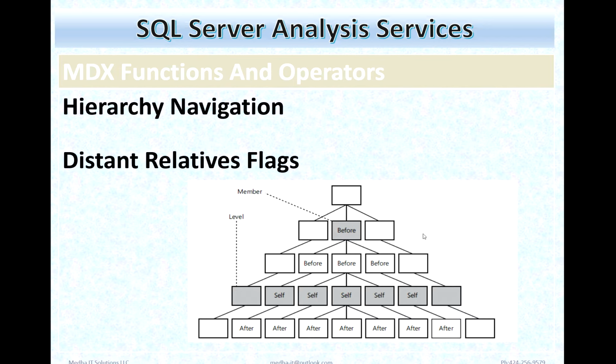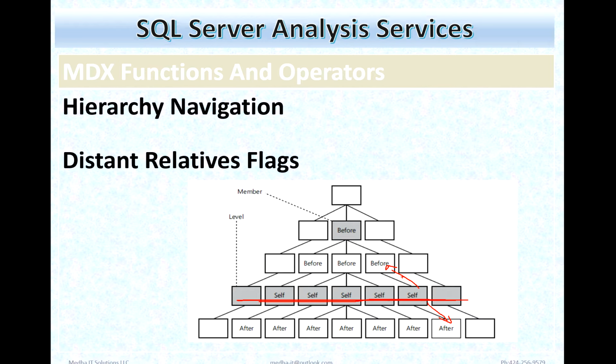And we saw before, after, before, self and all. So, self is the current level. So, assuming that the current level I asked for is at this level, that is the self, and after is the next levels, that means the lowest level, and before is the higher level, that means the parent level. So, when we say self, it gets all the members at the current level or the level we specified.